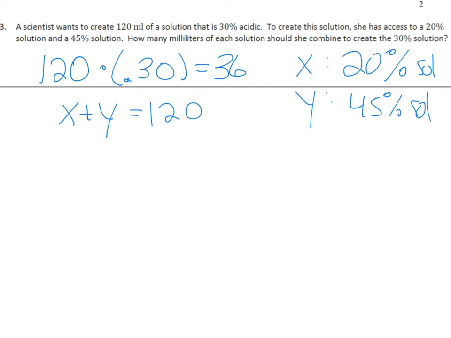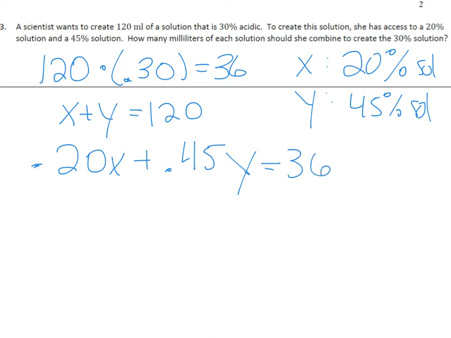And it also tells us that the 20% there, so 0.20 times x plus 0.45, our 45% solution, times y is going to equal 36, 30% of the total.